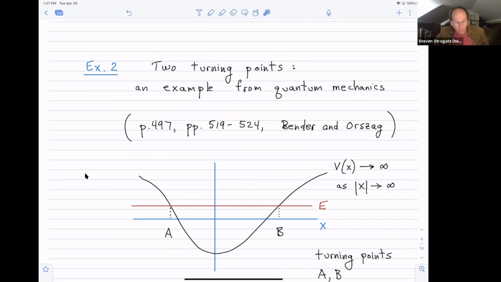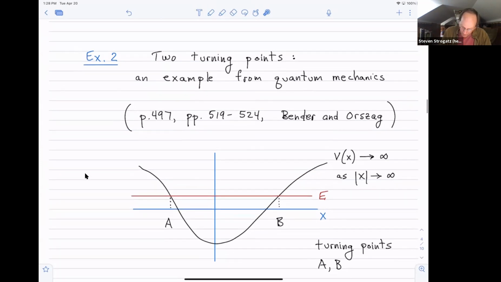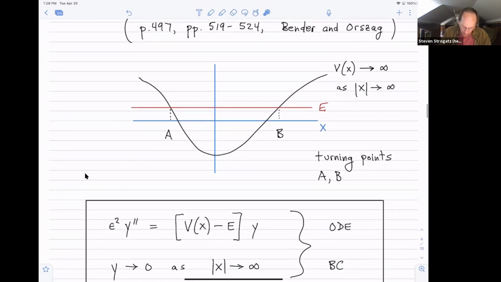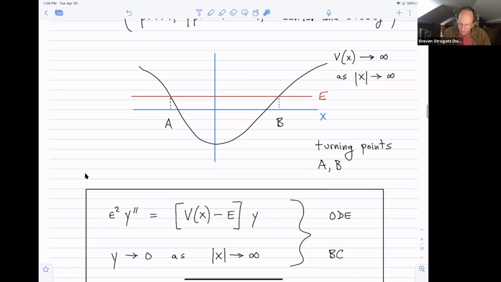So what we talked about with the WKB with a single turning point was that on this side, which would be classically forbidden for the particle to be over here, we saw that there were exponentially decaying solutions, or we could have exponentially growing ones as well in the WKB, but we felt that we should eliminate those by this boundary condition. We imposed a boundary condition that y is going to go to 0 out at infinity.